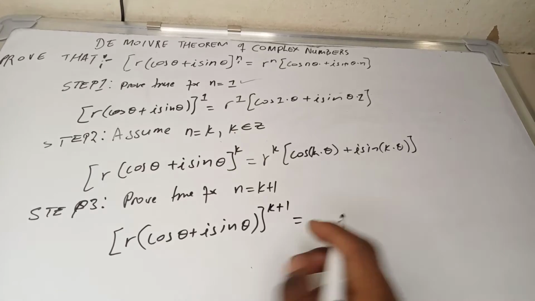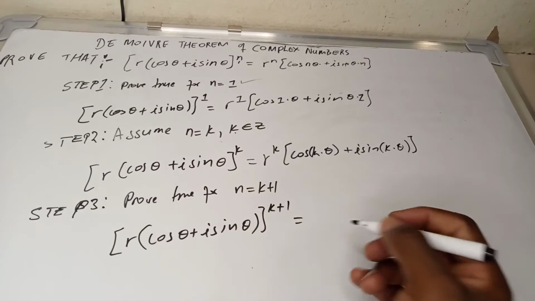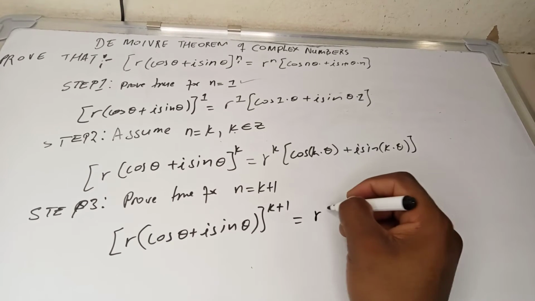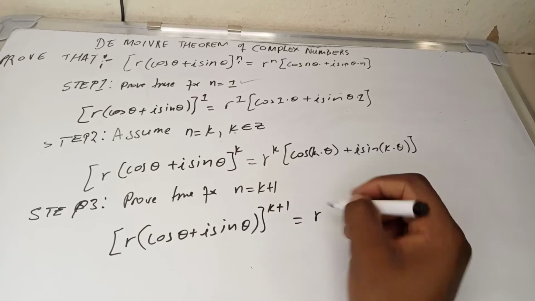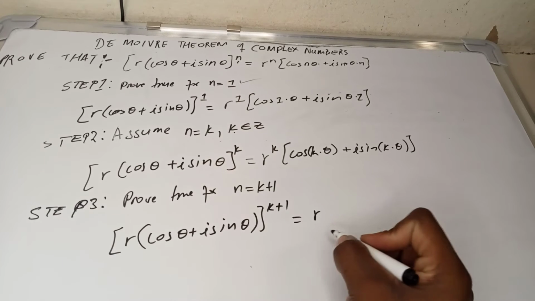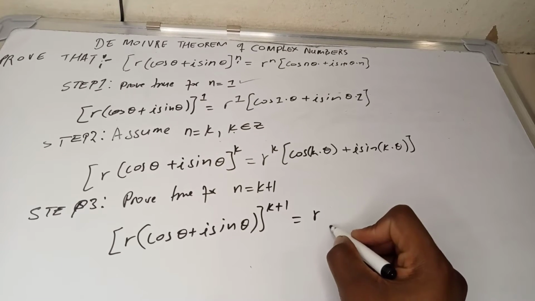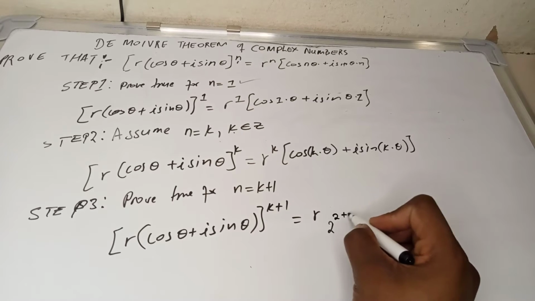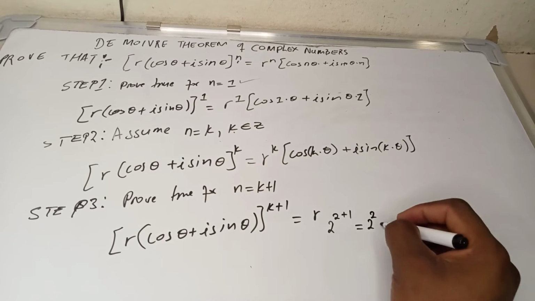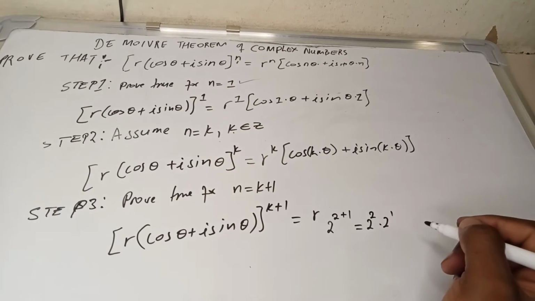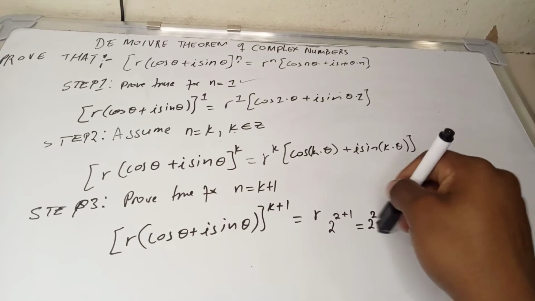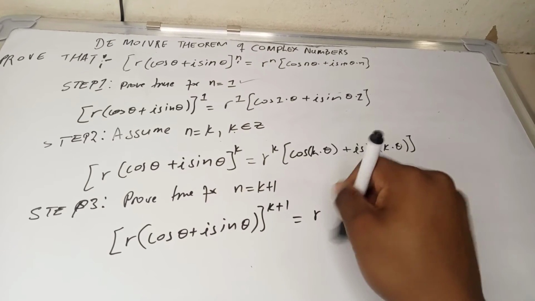So now this right here is going to be equal to r to the power... Before coming here, let me quickly remind you of this. Remember, if we had something like 2 to the power 2 plus 1, we know that this is equal to 2 squared times 2 to the power 1. Then according to the laws of exponents, if the bases are the same, you keep one base, then add the exponents.